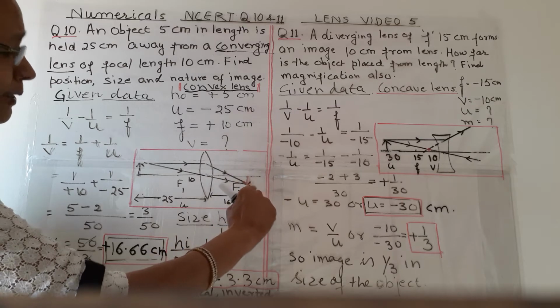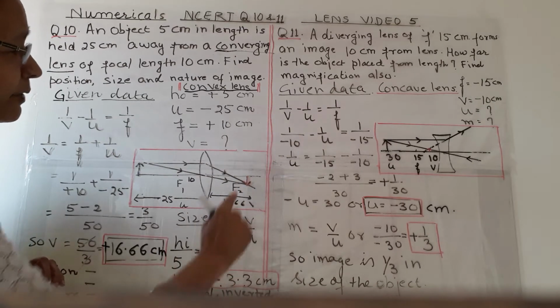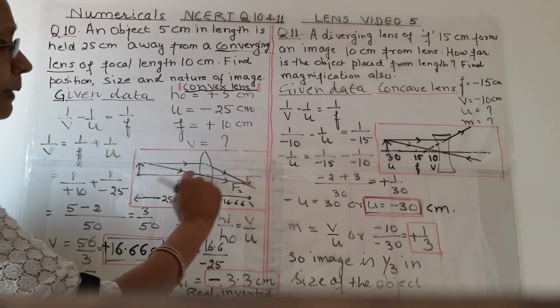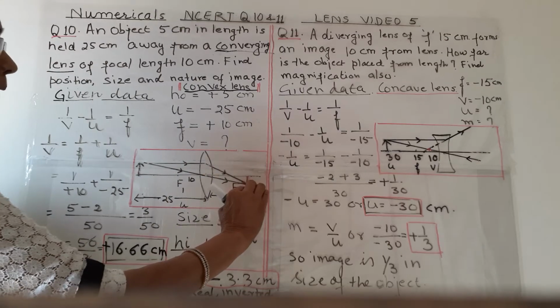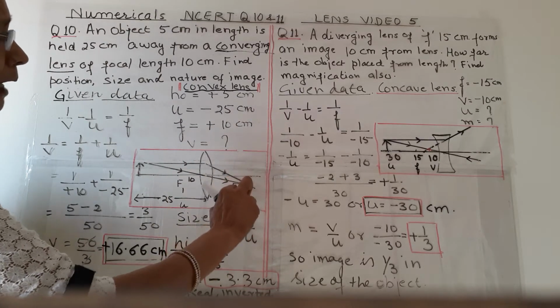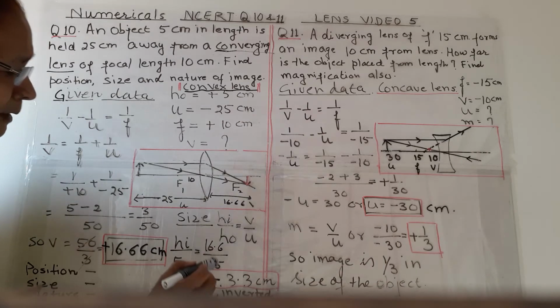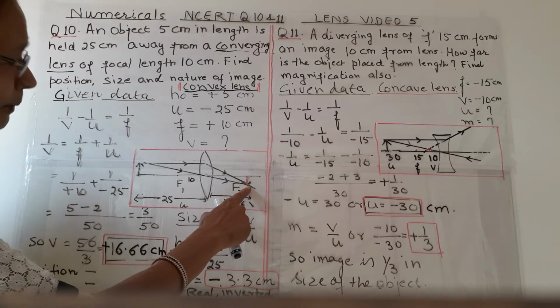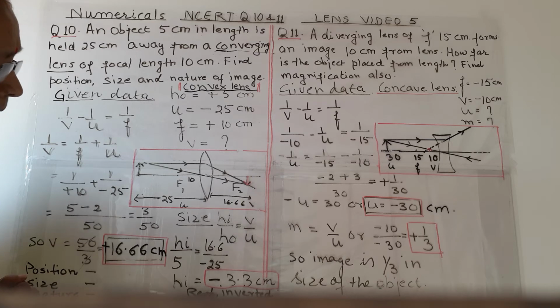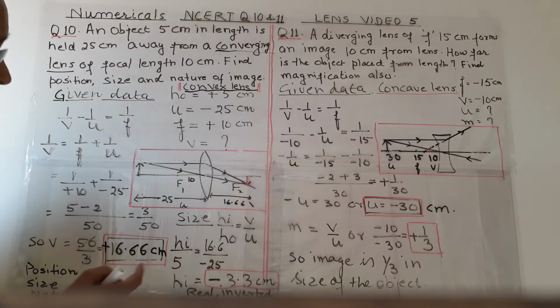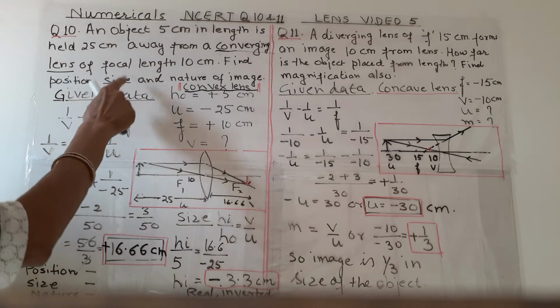So when the image is showing negative sign, it means the image is below the principal axis. And when the image is below the principal axis, it is always real and inverted. So this minus sign shows that the image formed is real and inverted. So we have the answer of all these three.